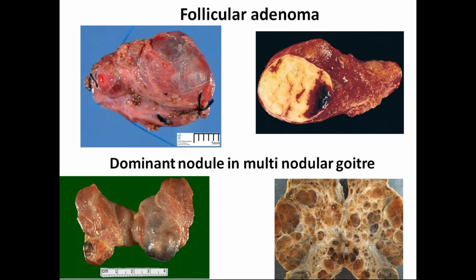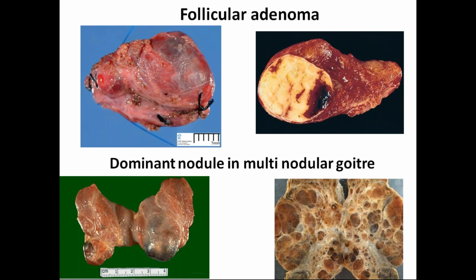We need to remember two major features to differentiate follicular adenoma from dominant nodule in MNG. If the patient presents with MNG, usually if we palpate the MNG, there will be multiple nodules. So clearly we can say that it is an MNG.